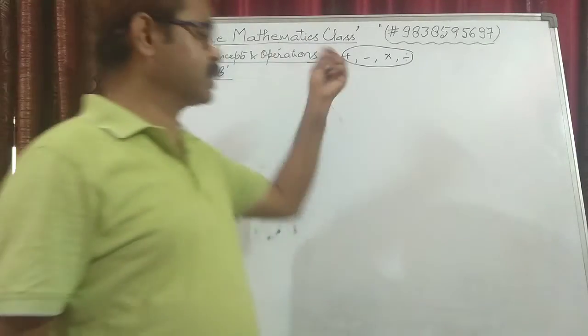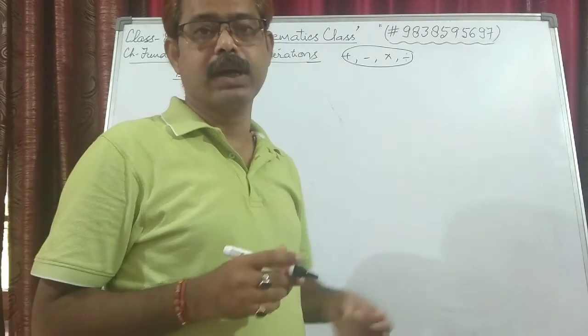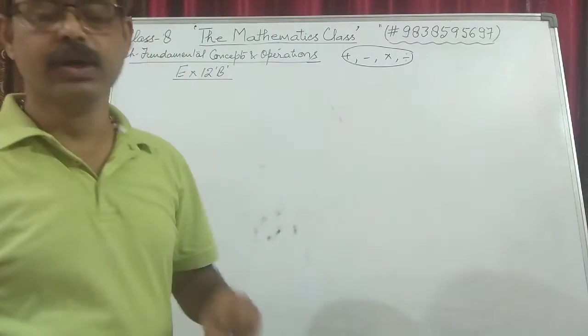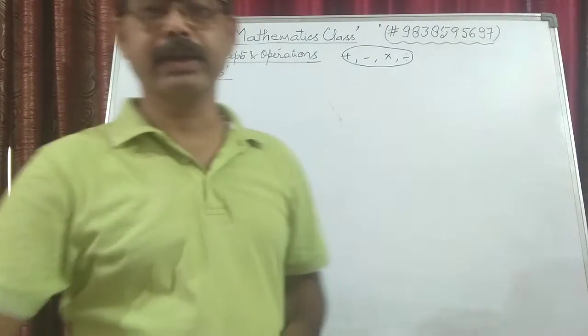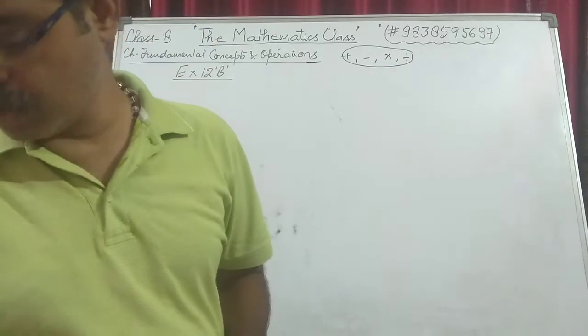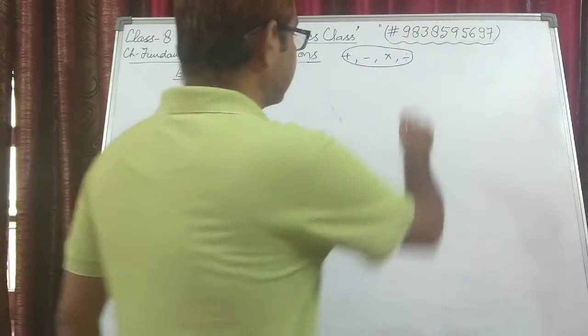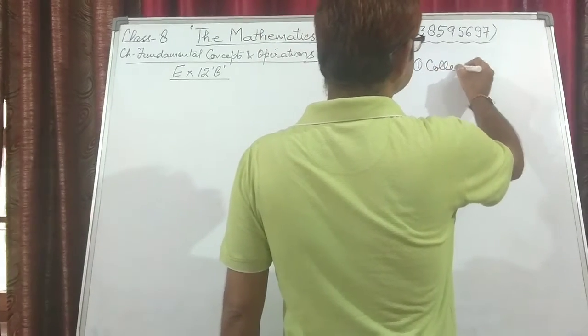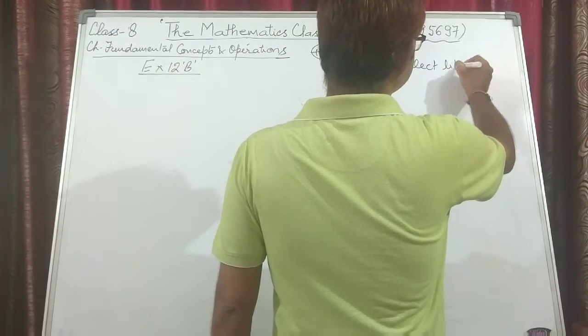So maybe in this exercise we will be discussing addition or subtraction of polynomials. You need to remember what we do when we add or subtract. First of all, we collect the like terms.